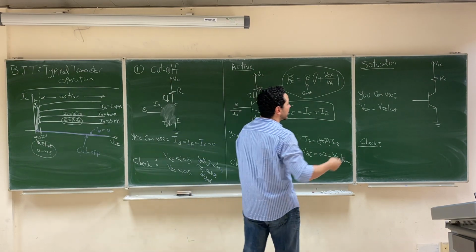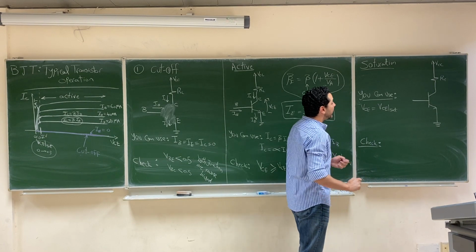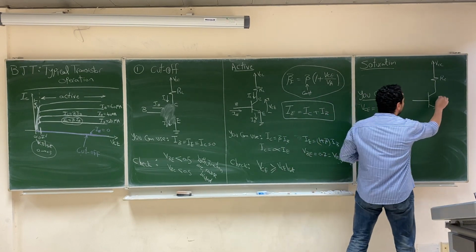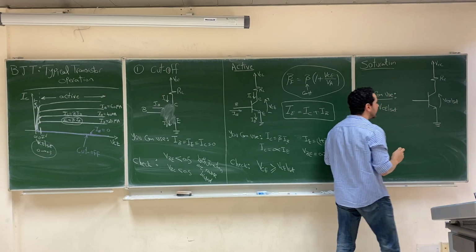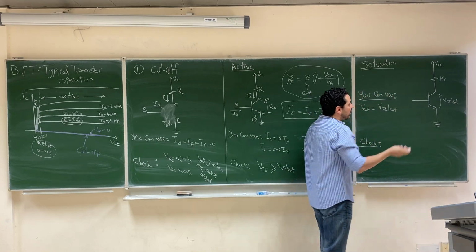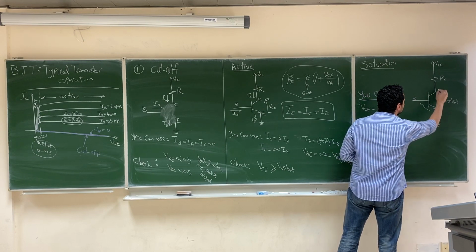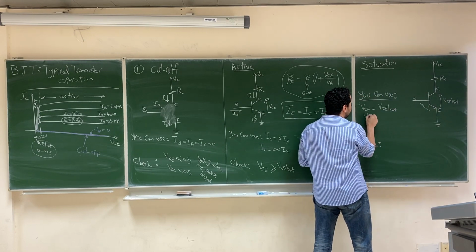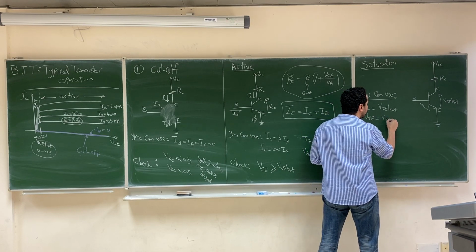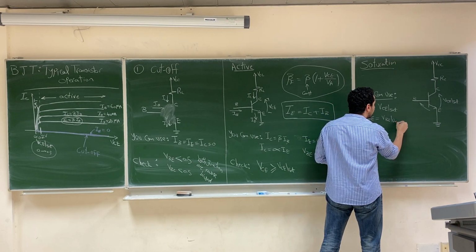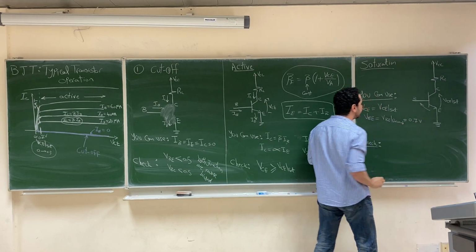So if you assume that your transistor is operating in the saturation region, by default you assume that VCE will be equal to VCE saturation. What else? We know that in the saturation also the base emitter junction is forward, so you can use that VBE is also VBE forward, which is usually 0.7 volt.